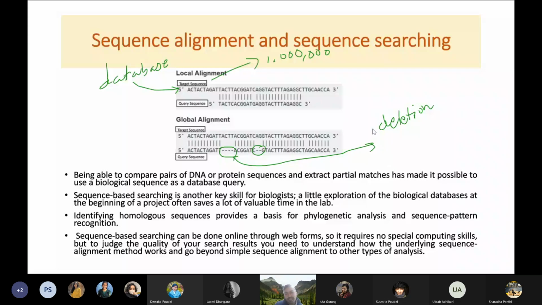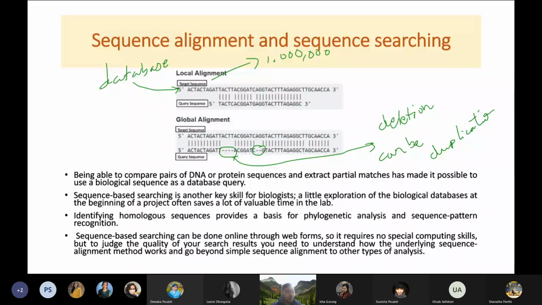So there can even be a duplication event as well. All these things will be very difficult for a human brain to scan. There are millions of target sequences, so it will be very difficult to do these kinds of searches. We'll study in great detail the local alignment and the global alignment in our forthcoming lectures.